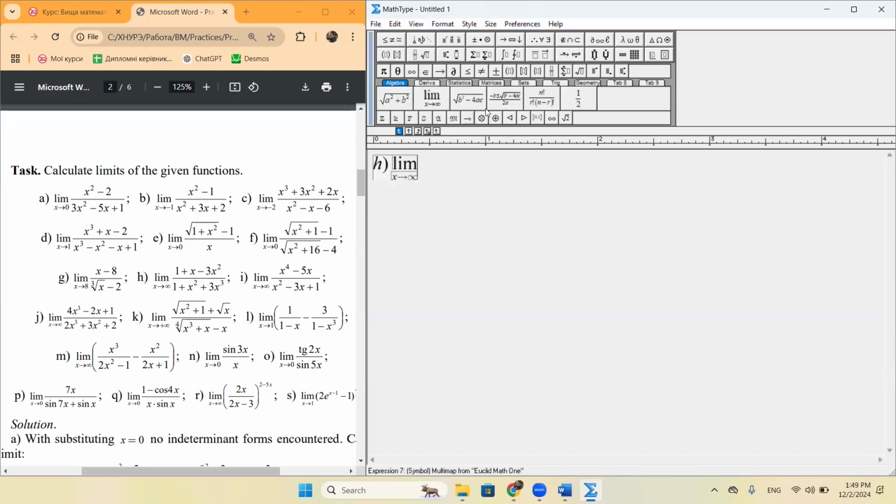Here's my limit. So now we are calculating limits on infinity.